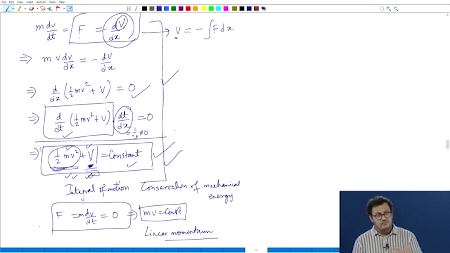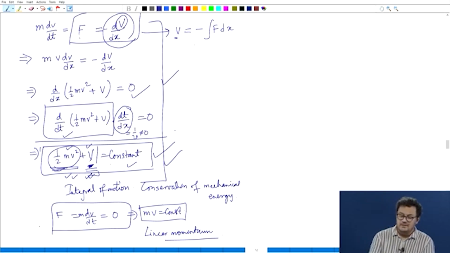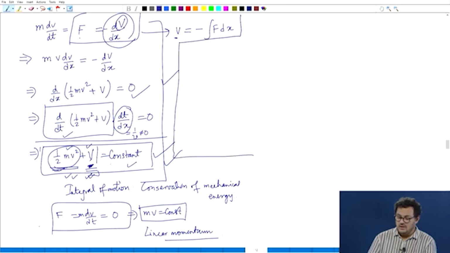Now, at this point I will just try to say one thing: if you increase the dimension of motion to more than 1, then of course you do not have this dV/dx. You have to have a more general expression.